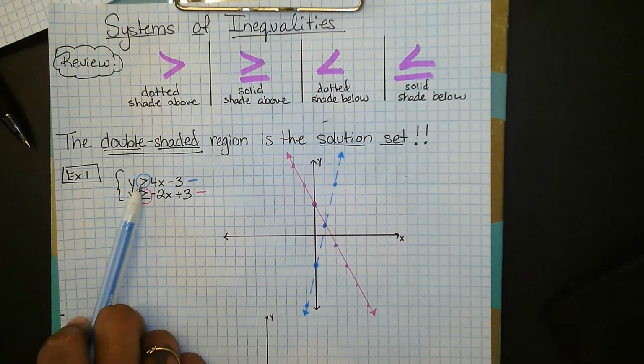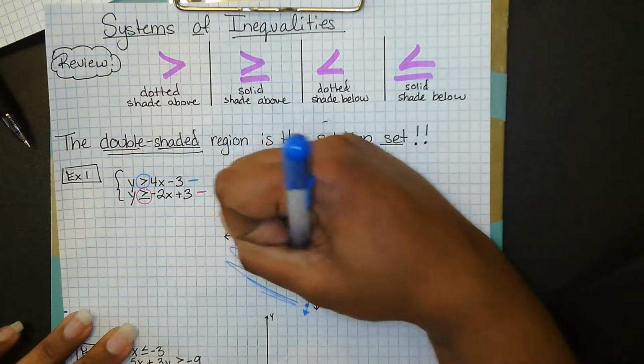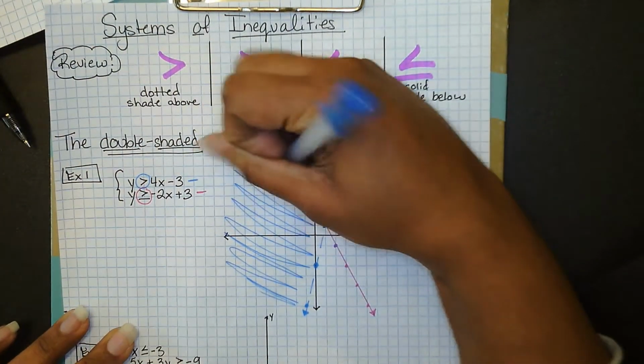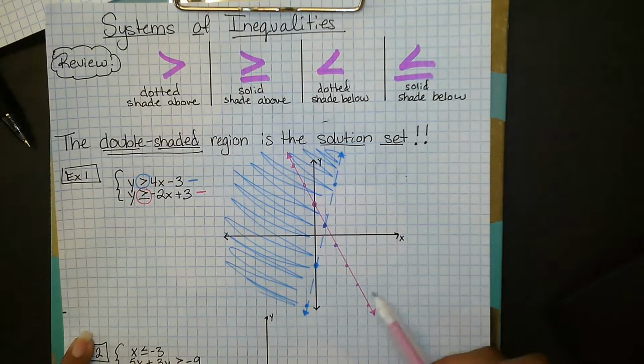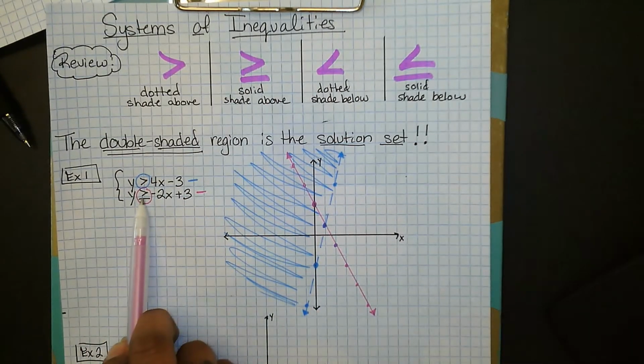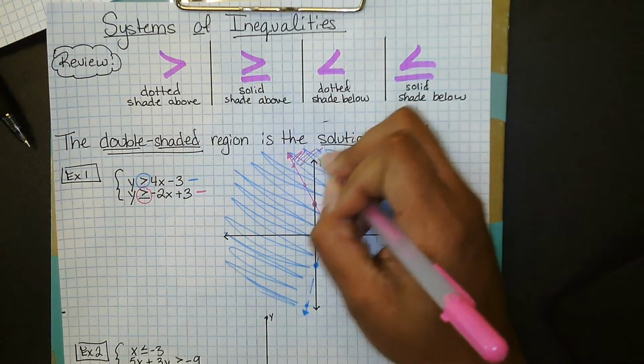Since this is a greater than symbol, I'm going to shade above the blue line. And then for the second line, we also have a greater than, so that means I'm shading above the pink line as well.